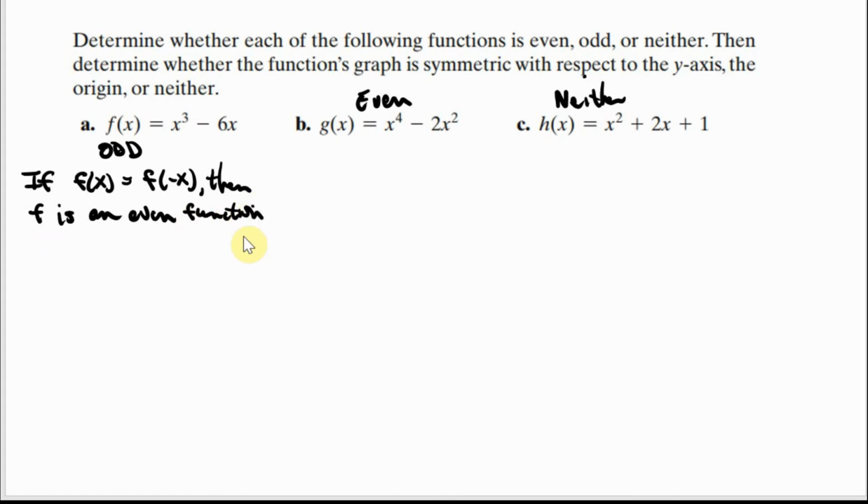So for part A, we say f of negative x is equal to negative x to the third minus 6 times negative x. So I get f of negative x is equal to negative x to the third here, and this guy is plus 6.